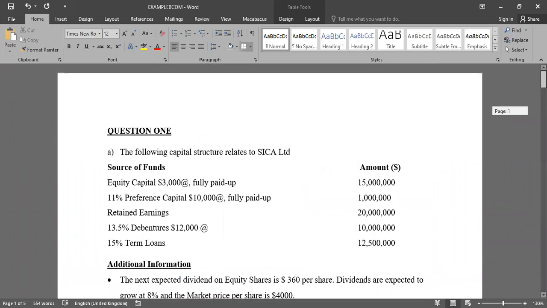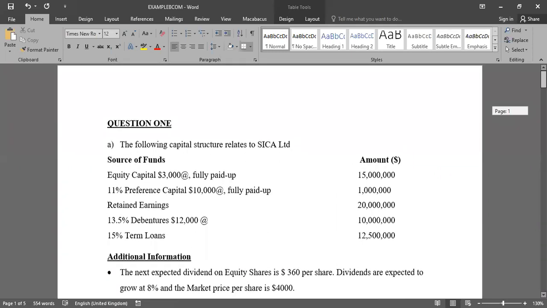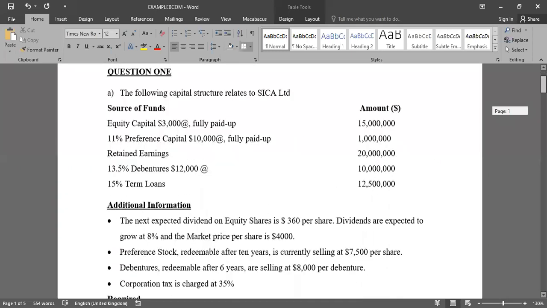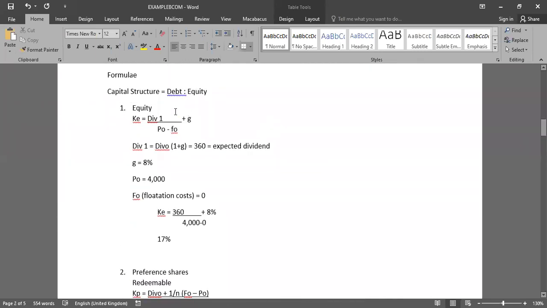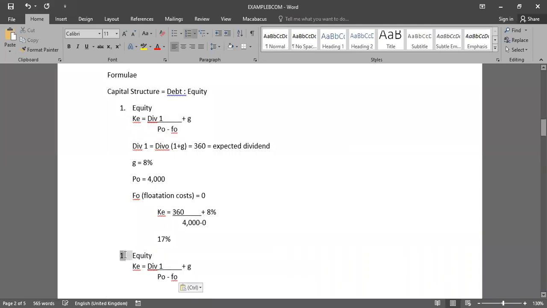Then the next one is retained earnings. Retained earnings is an equity item. Usually it's the same as cost of equity.